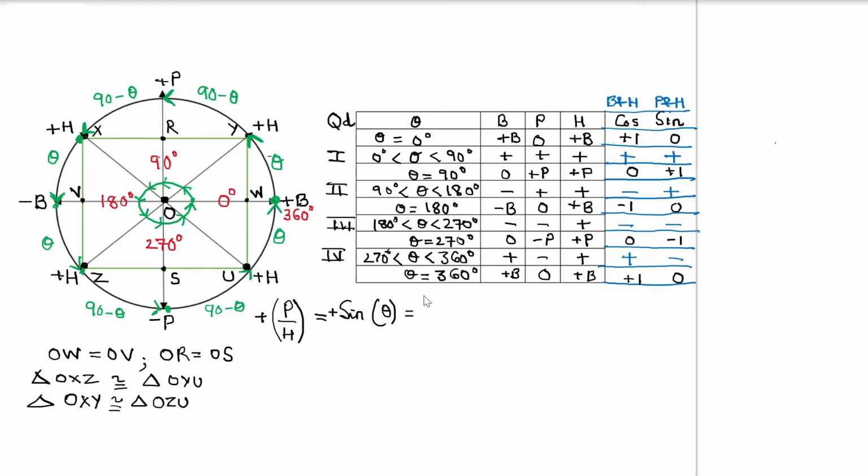So now in that case, can I say this is equal to plus of, now we know that cos of angle 90 minus theta is equal to base, which in this case is RO upon hypotenuse, which is OY. So in that case, the answer will again be plus P by H. So can I say this is the same as cos of 90 minus theta? I can.